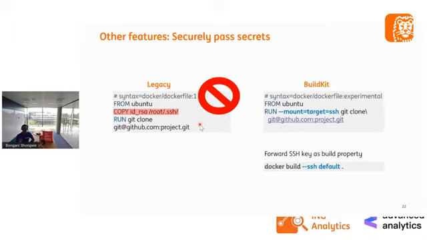What you can rather do using BuildKit is mount using the mount syntax, and now you mount an SSH, and BuildKit will know that you're mounting an SSH key, and it'll make sure that that SSH key is only available within this run step, and it's not available anywhere else within your Docker image. And you just indicate that you're passing over SSH keys when you run your build, also using this keyword.